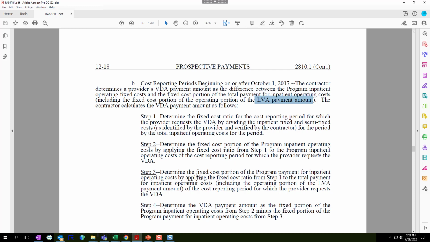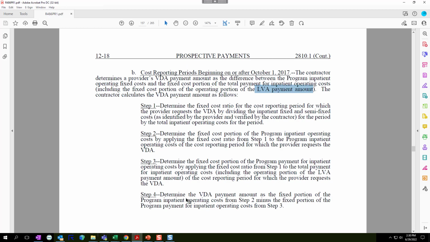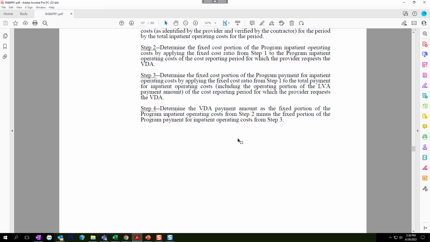Step 3, we're using that same fixed cost ratio to determine how much of the overall payment, the Medicare payment, was related to that fixed cost portion. And then step 4, we're just subtracting steps 2 and 3. So did that fixed cost portion of the payment cover the fixed cost portion of the cost or not?